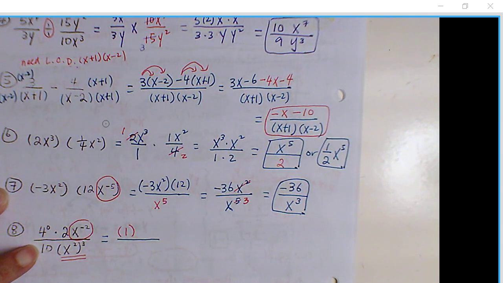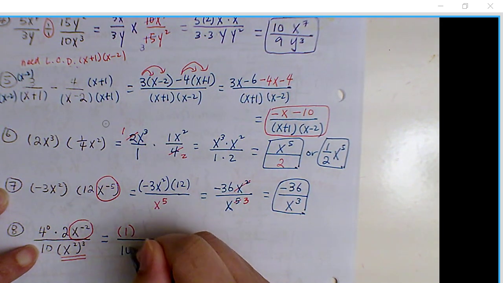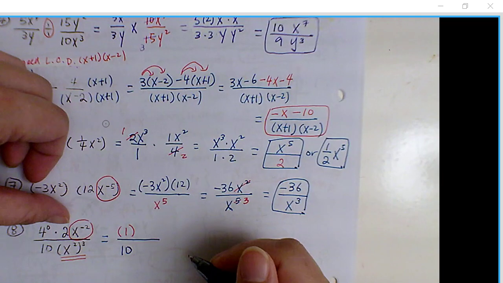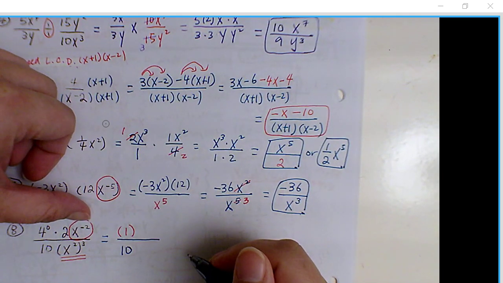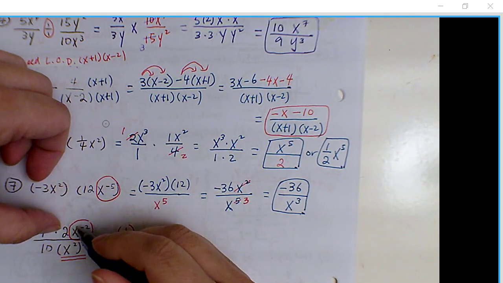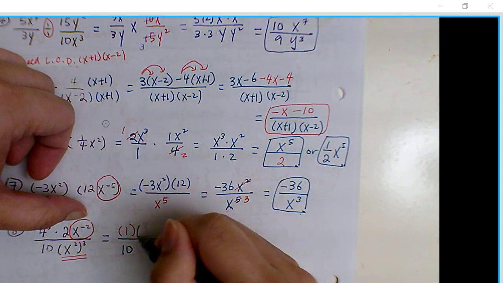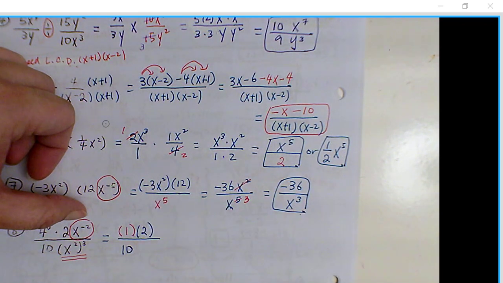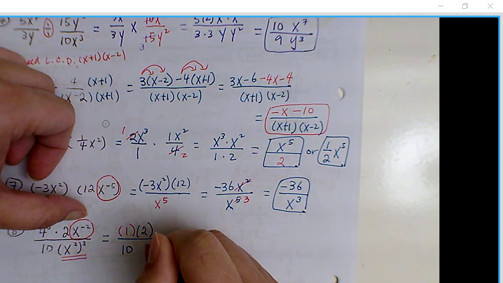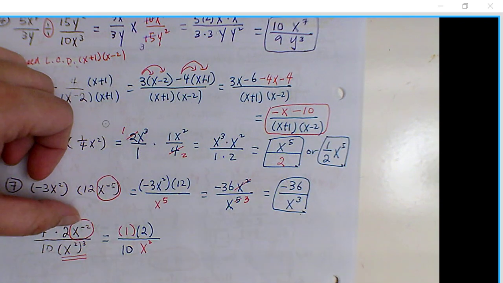And then my 10 is at the bottom. I have to be careful because this is 2x raised to negative 2, but there's no parenthesis around here, so the negative exponent only belongs to the x. So 2 is going to stay here, but your x to the 2nd power will go to the bottom.